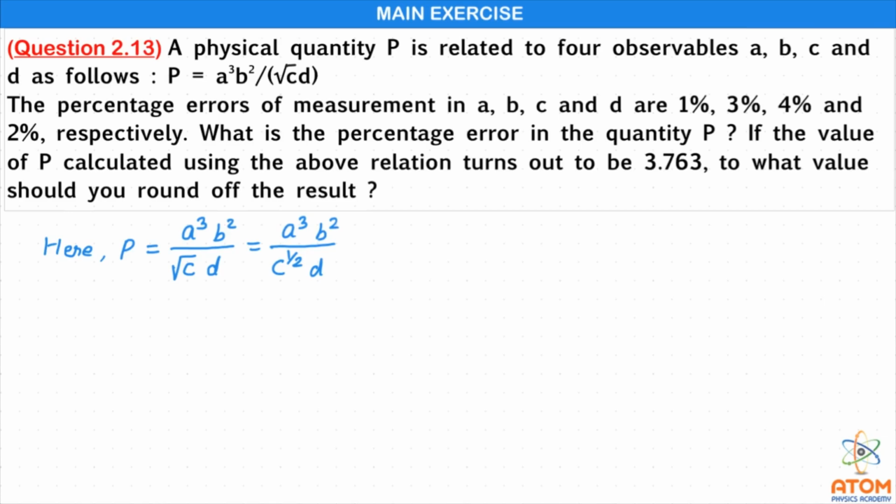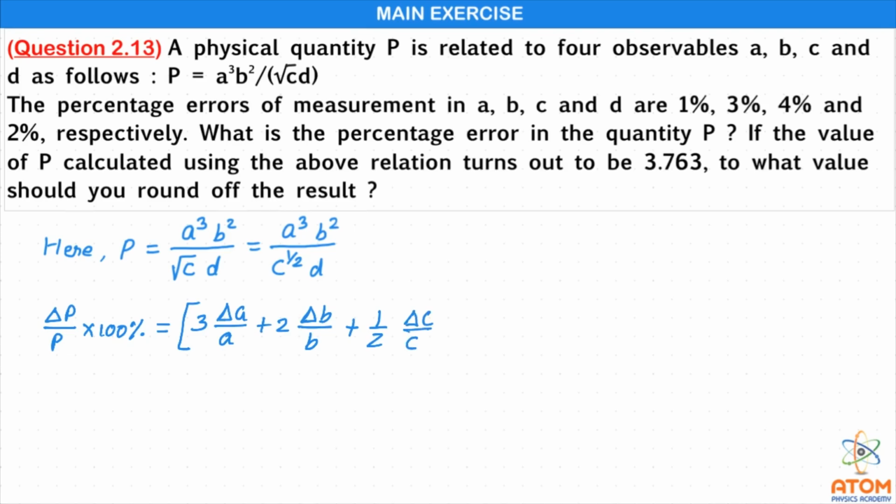Now as per the rule of multiplication and division, in case of errors, we can write the percentage error in P, that means delta P upon P into 100%, as 3 into delta A upon A plus 2 into delta B upon B. We know that the power will come as a multiple, plus 1 by 2 delta C upon C.